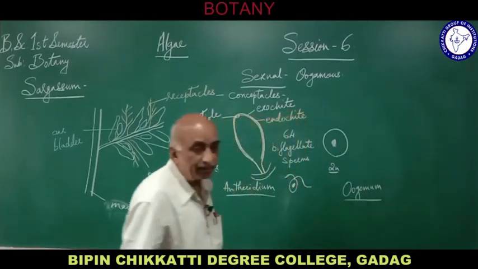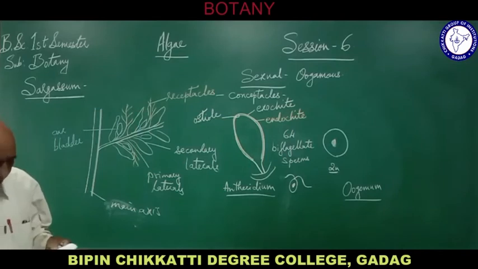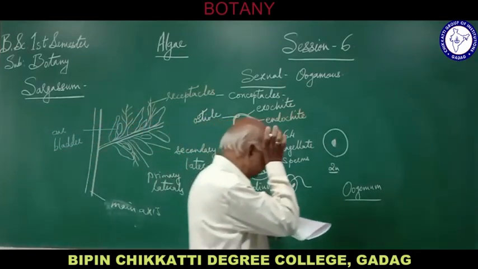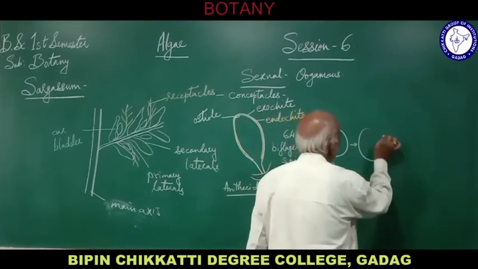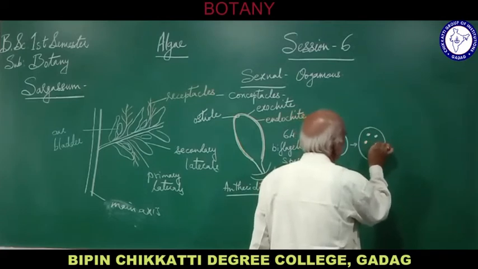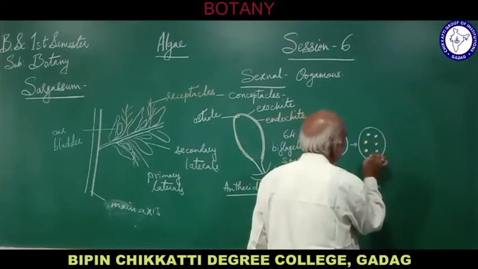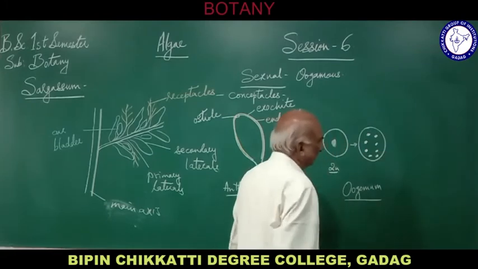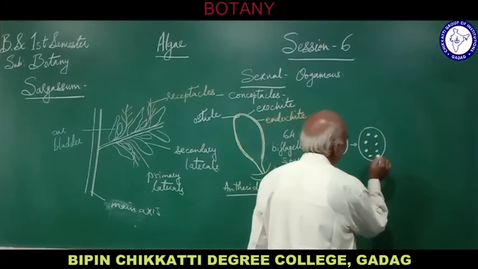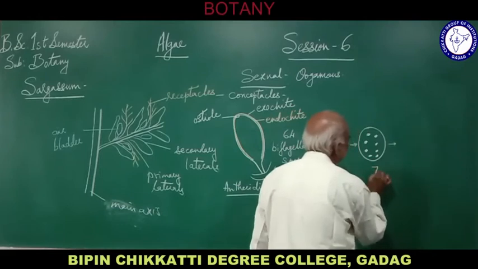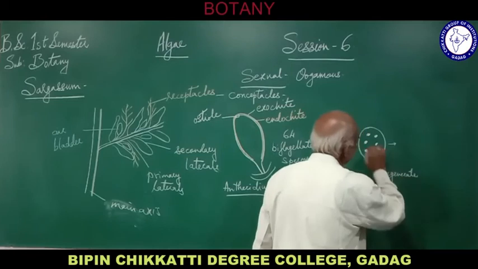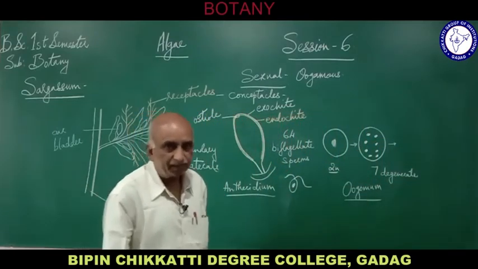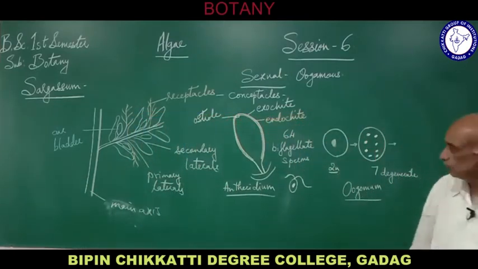So this nucleus divides actually to form about 8 daughter nuclei. So it forms about 8 daughter nuclei, means it divides by meiosis and forms haploid nuclei like this. So of these 8 daughter nuclei which are formed, 7 of them degenerate, only one will remain in this oogonium. Means it is the process of the development of the oogonium.